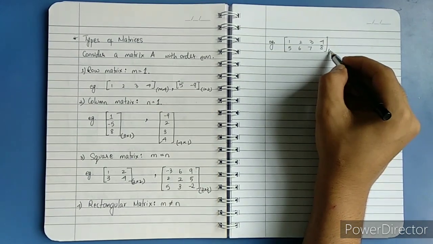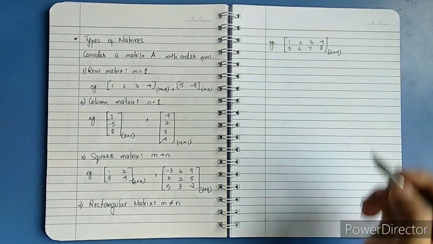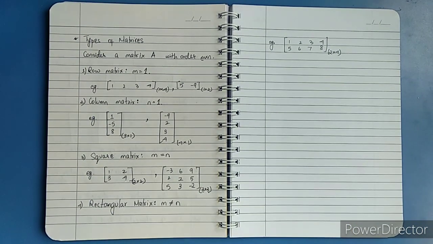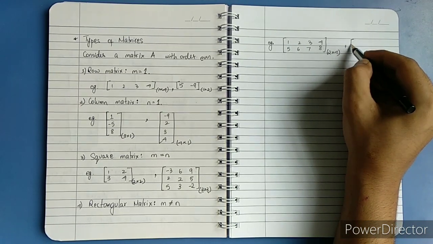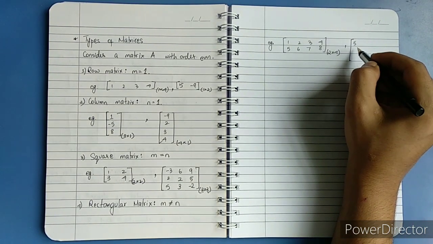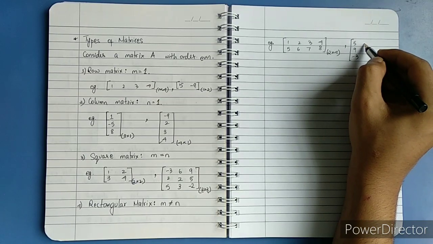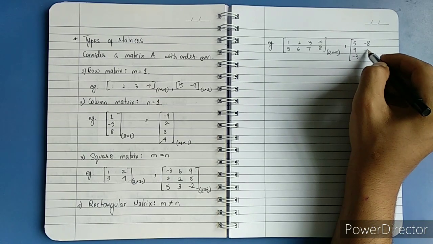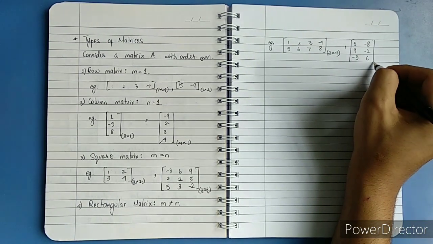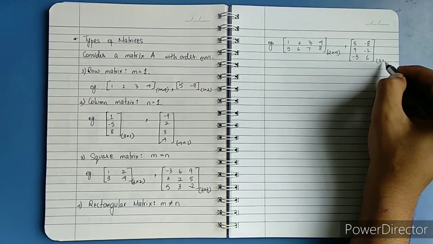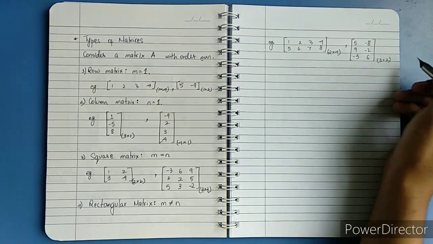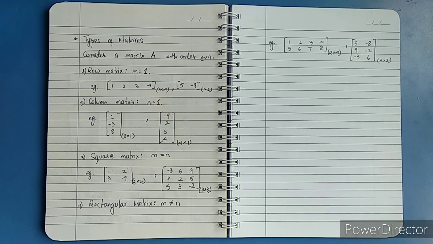So there are 2 rows and 4 columns. So this is a rectangular matrix. Or say 5, 9, minus 3, minus 8, minus 2, 6. So number of rows 3 into number of columns 2. Number of rows and the number of columns do not match. This is also a rectangular matrix.